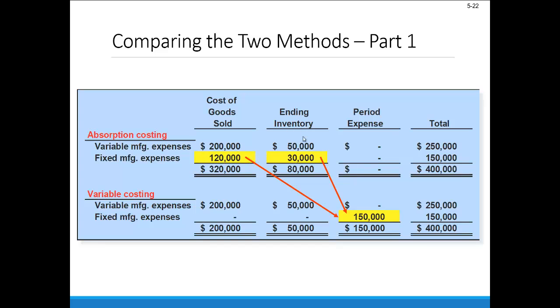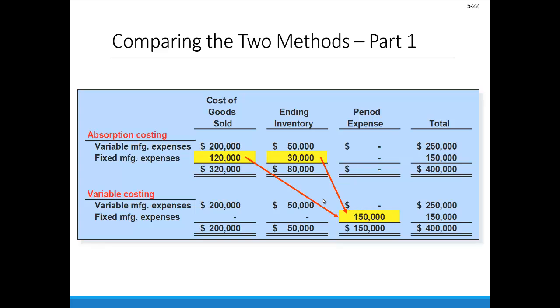Our ending inventory had 50,000 in variable manufacturing expenses attached to it and 30,000 in fixed manufacturing expenses, that fixed overhead. Whereas under variable costing, the cost of goods sold consisted entirely of those variable manufacturing expenses of 200,000. Ending inventory had the same 50,000 in variable manufacturing expenses, but no fixed manufacturing expenses, no fixed overhead. Instead, that full 150,000 in fixed overhead was treated as a period expense.